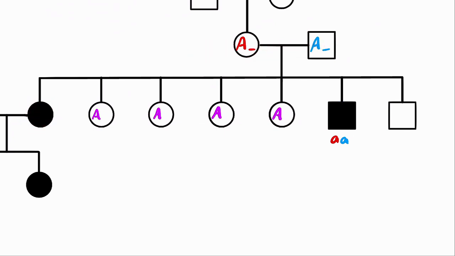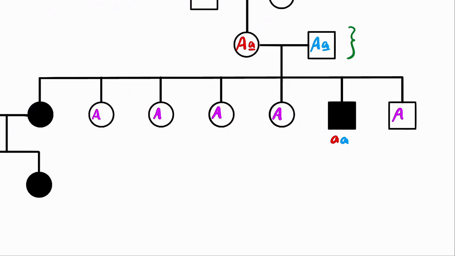Now this one here and this one here, oops, I forgot about this one. The youngest brother. Always forgotten. This one here has to have a little a. So that means this mom has to give a little a and this dad has to give a little a. And does that work? Let's see. Yep, a heterozygote has a little a. That means that these actually are called carriers.